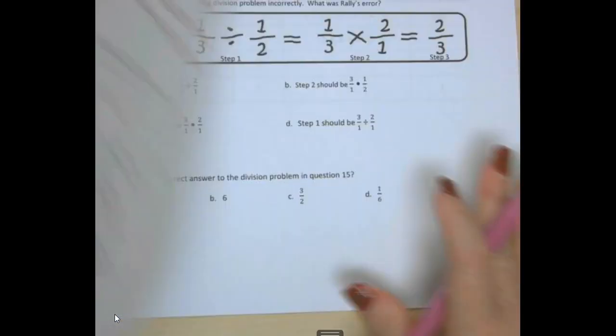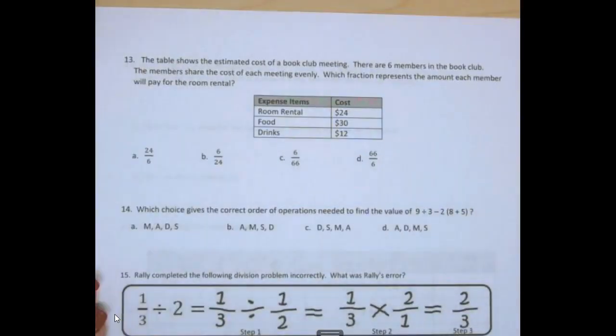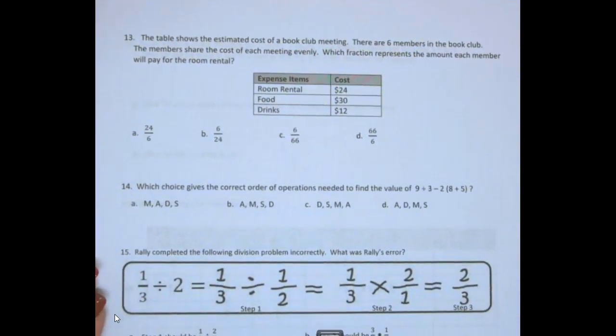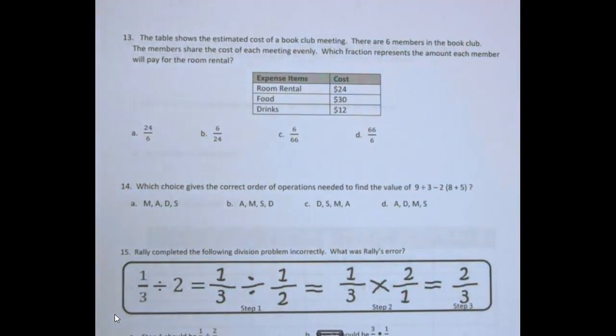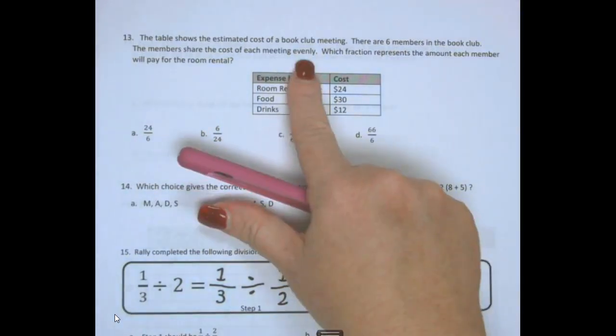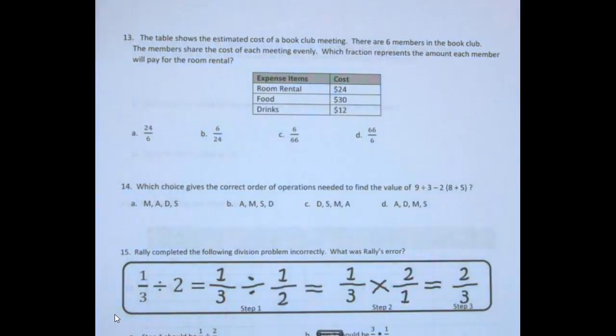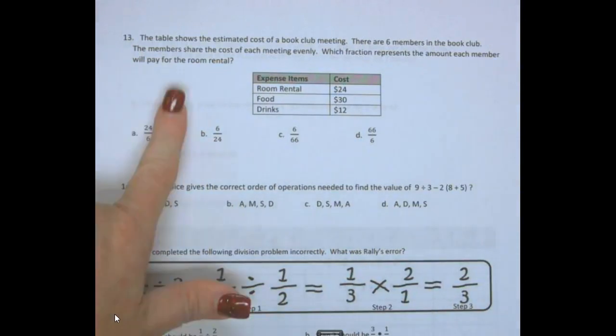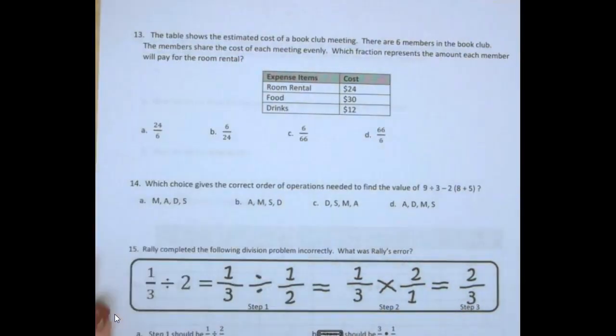So let's go to number 13. The table shows the estimated cost of a book club meeting. There are 6 members in the book club. The members share the cost of each meeting evenly. Which fraction represents the amount each member will pay for the room rental?